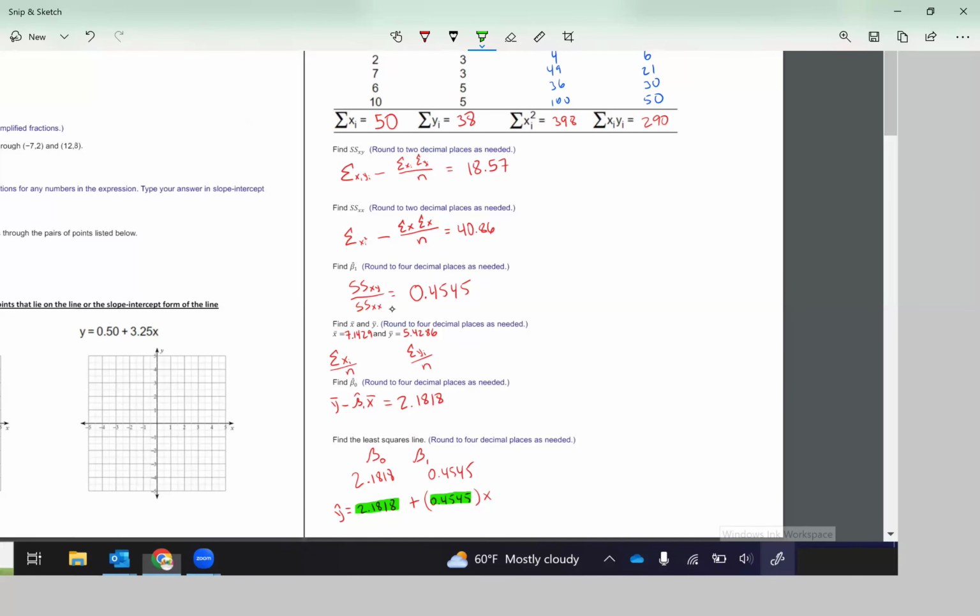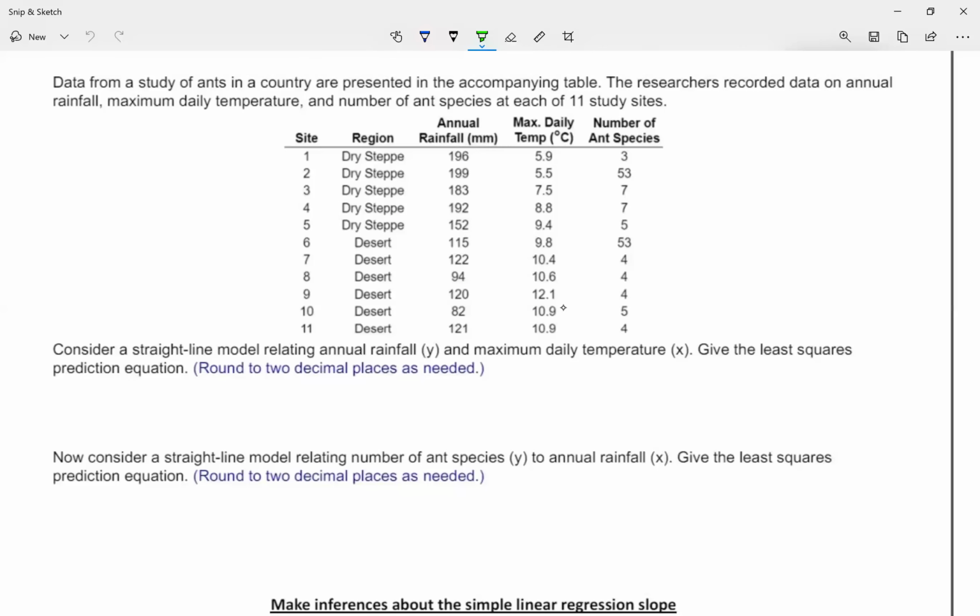Now, let me flip the page and take a look at our next question here. The data from a study of ants in a country are presented in the accompanying table. The researchers recorded data on annual rainfall, maximum daily temperature, and number of ant species at each of 11 study sites.